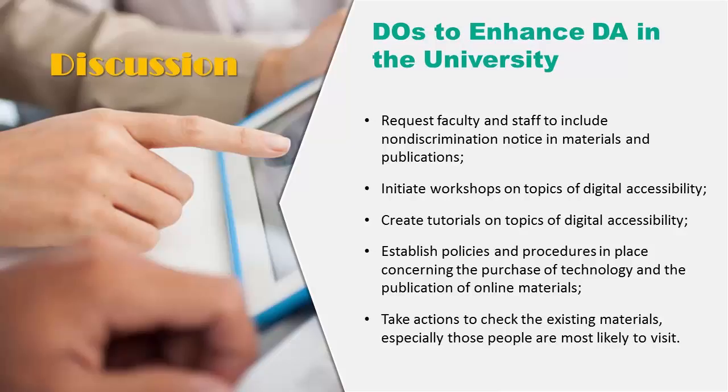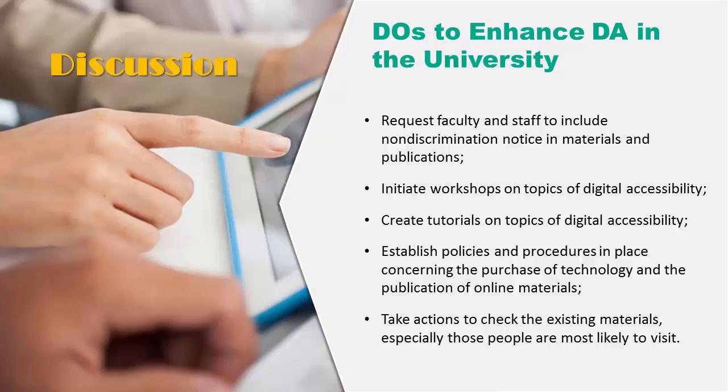First, request faculty and staff to include the non-discrimination notice in materials and in all publications. Second, initiate some workshops on the topics of digital accessibility. Third, create tutorials on topics of digital accessibility, because even if you initiate some workshops, some faculty or staff may not be able to attend.